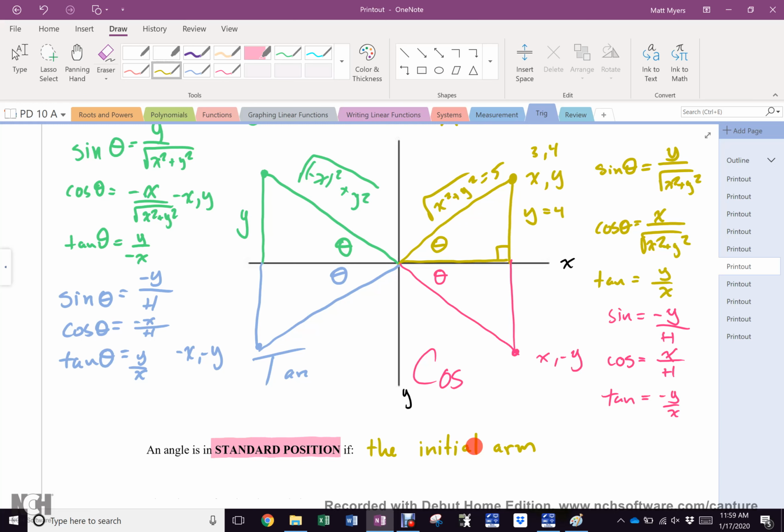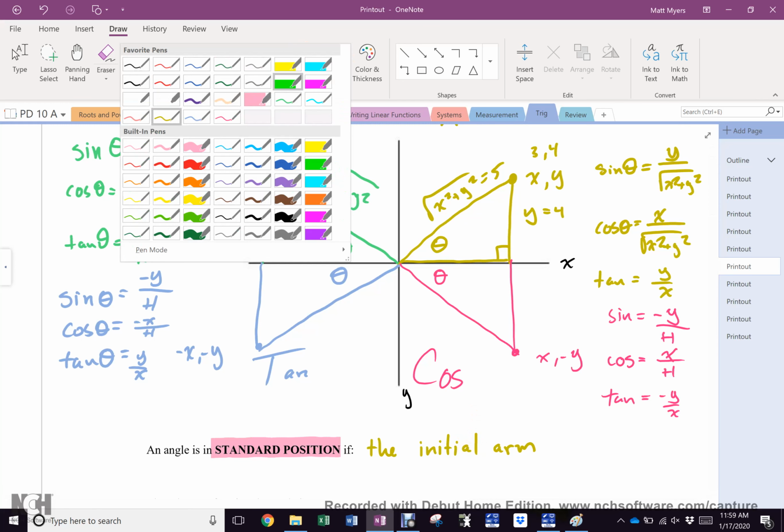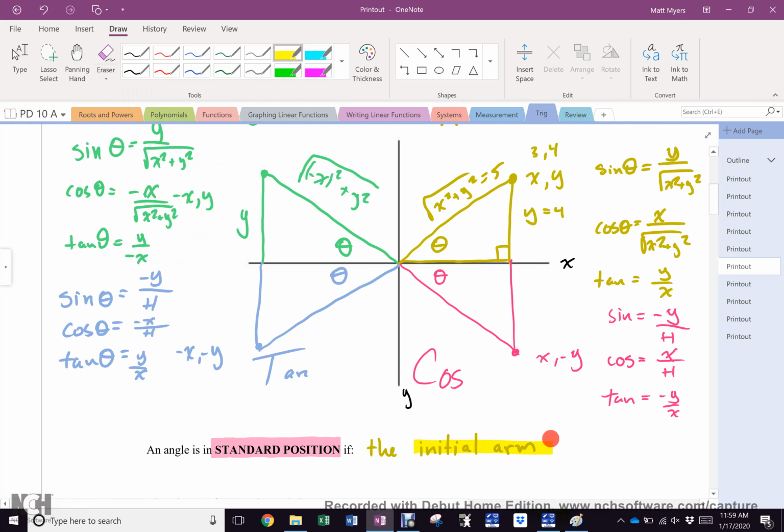First, what would an arm of an angle be? One of the lines, yes? Okay. The initial arm, which I'm going to highlight in yellow, the initial arm is on the x-axis.